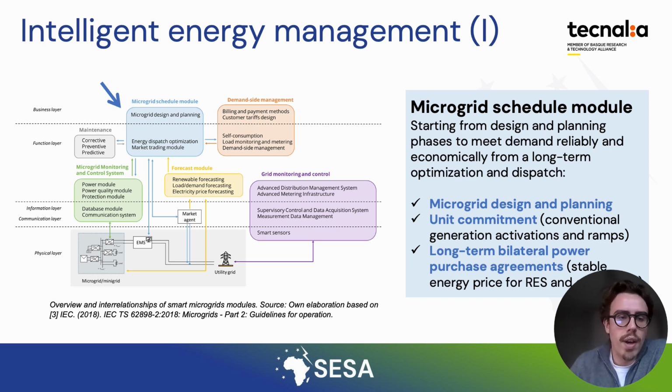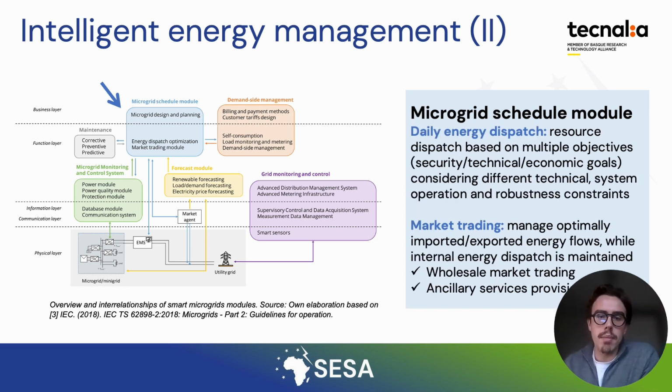Then we can find the unit commitment function, which aims to minimize fuel and startup costs of fuel-based resources. And then we have the long-term bilateral power purchase agreement management, or PPA management function, which ensures a stable energy price for the renewable energy sources and the microgrid consumers.